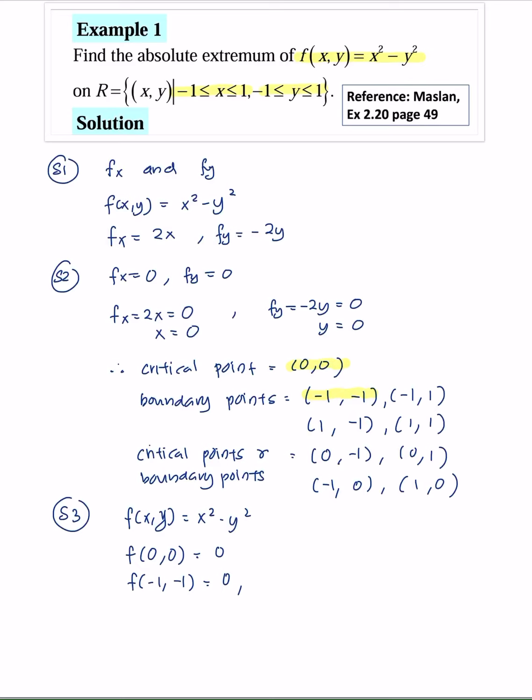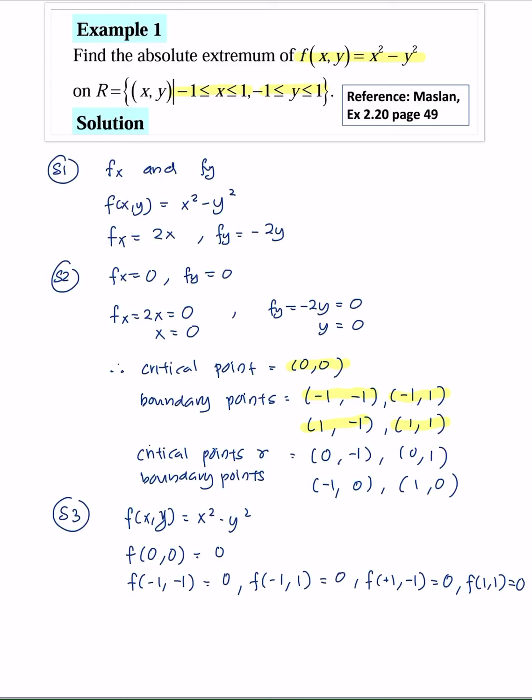Next, f(-1,1) will be 0 as well. Next is f(1,-1), so it's still 0. And the last boundary point here is f(1,1), which is also 0.